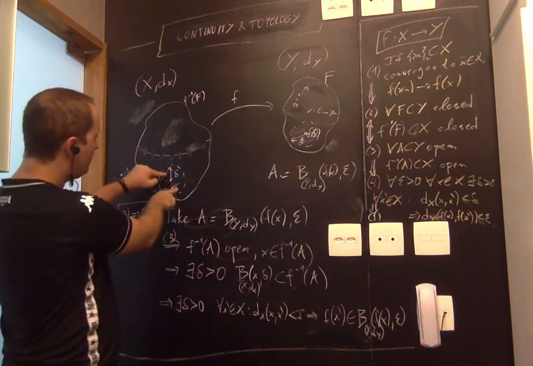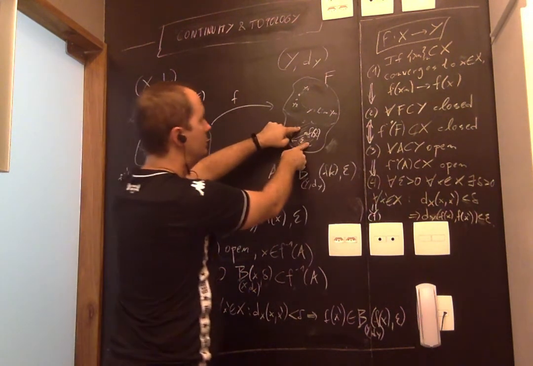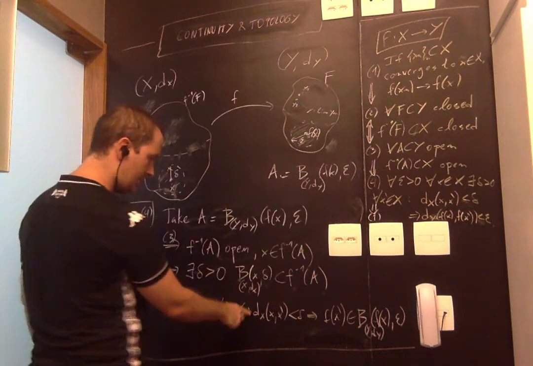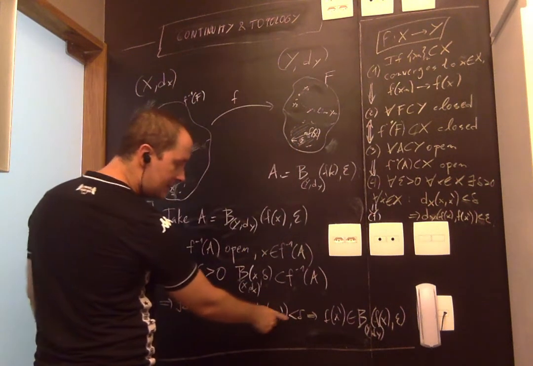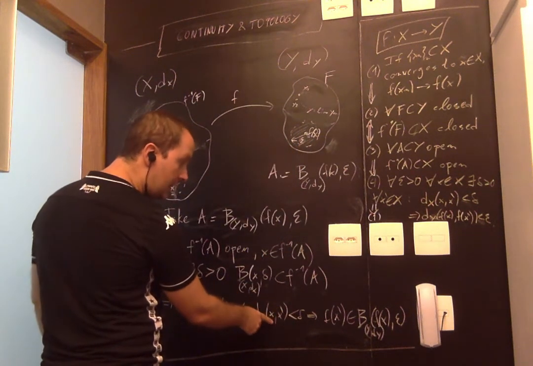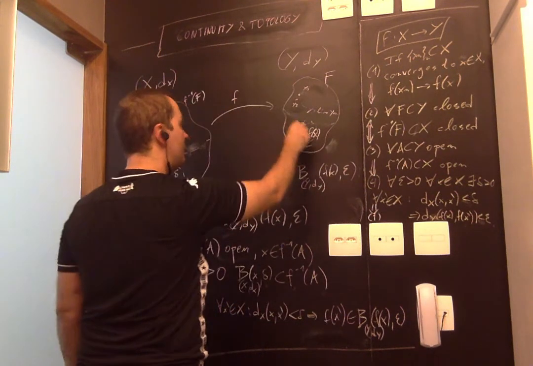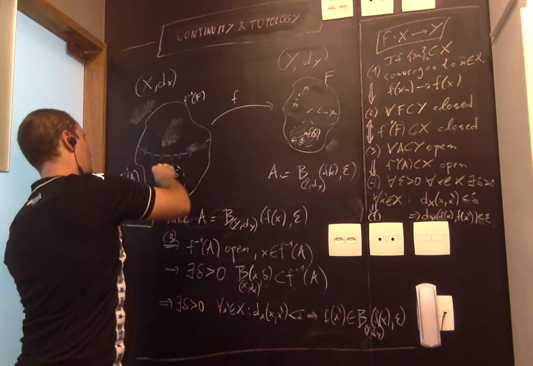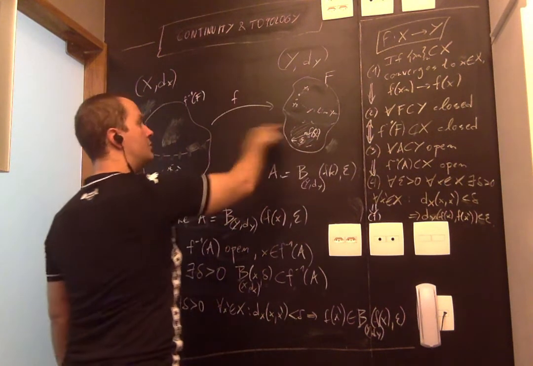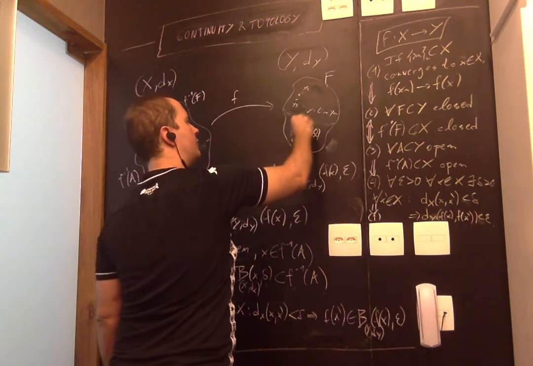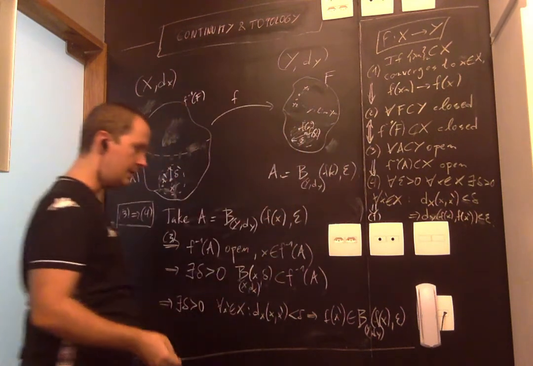That means that any point here is mapped to this ball, right? So it's saying, so any point within distance delta from X is mapped to a point within distance epsilon from f of X. So if I have X prime here, its image must be in the set, so it's f of X prime. And so we're done, right?